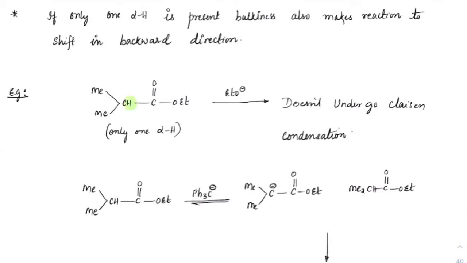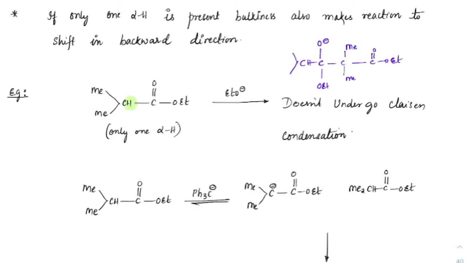So if at all I'm using EtO minus, the first step will happen. Proton can be extracted. The second step is difficult because of bulkiness. Even if it has overcome the bulkiness and attacked the C double bond O carbon, suppose this is the product that has formed, we will have C, H, CO minus with OEt, and this CMe Me got connected, C double bond OOEt.